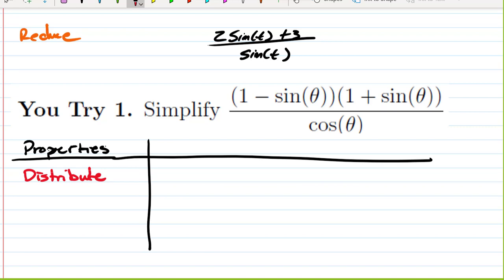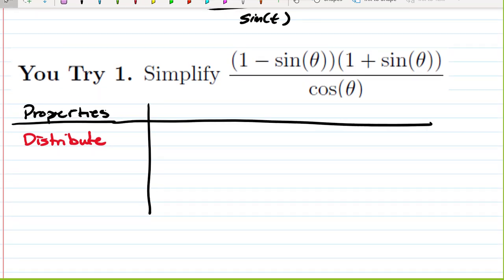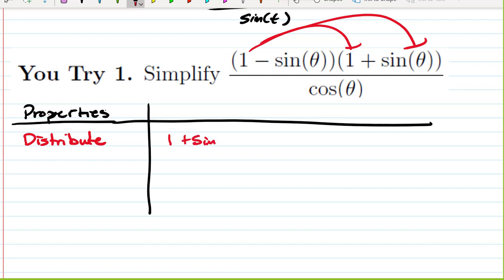So if we distribute everything out, we're going to get 1 times 1 is 1. 1 times sine is sine theta.